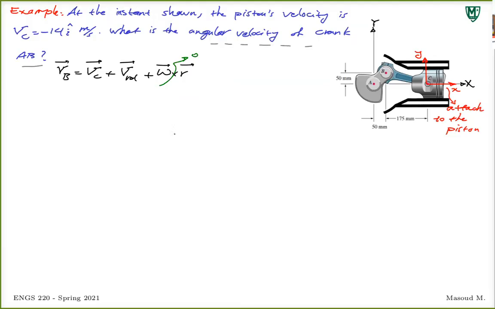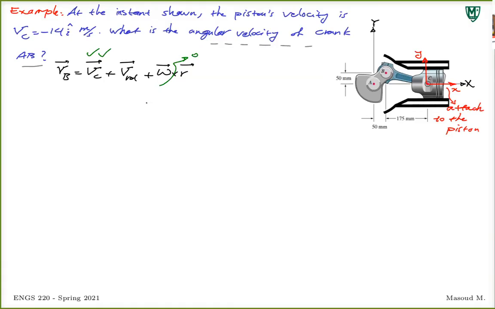VC, we know its magnitude is 14 meters per second in the negative direction along X. So we know its magnitude and we know its direction. It's along the x-axis. Remember, VC is the absolute velocity of the origin of the local frame, or in this case, point C. And we know that it's 14 meters per second.